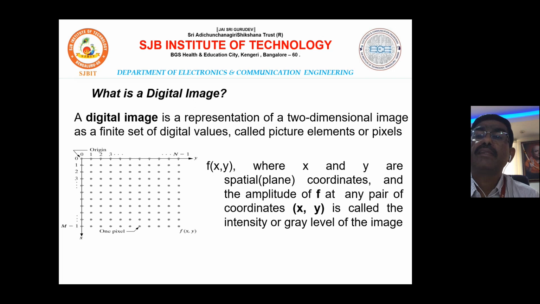Similarly, on the y-axis, you can increase from 0 to n minus 1. That is the pixel. Suppose I want to find f of 2 comma 3. 2 is the x-axis and 3 is the y-axis, f of 2 comma 3.